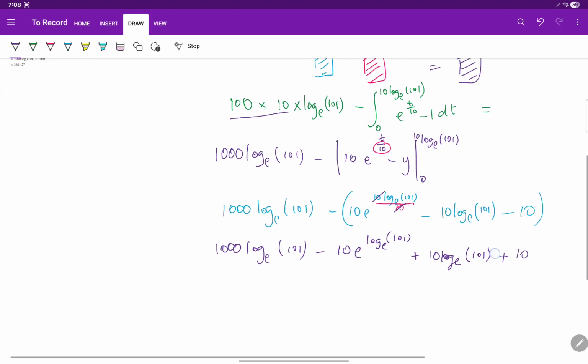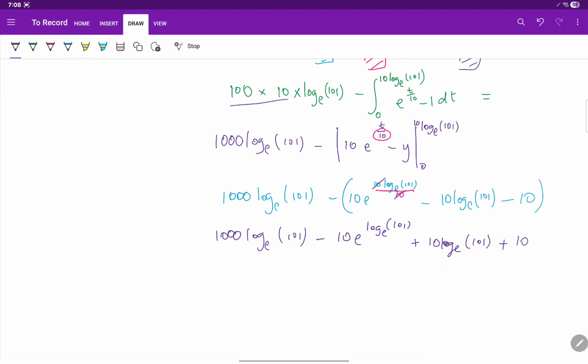And then from here, we're going to evaluate this section, and we've got e to the power of log e 101. So this becomes 10 times 101 for that section, and that becomes minus 1010.